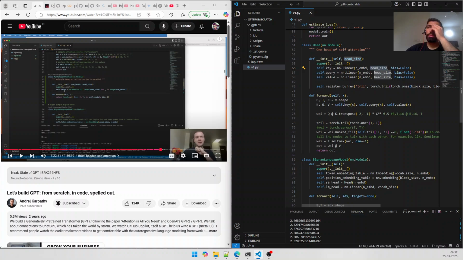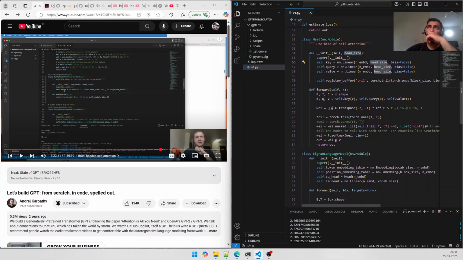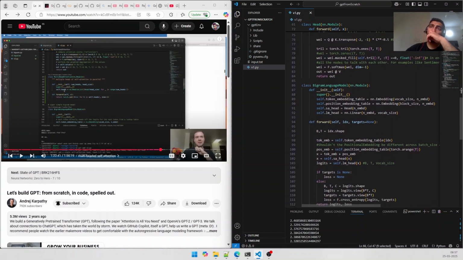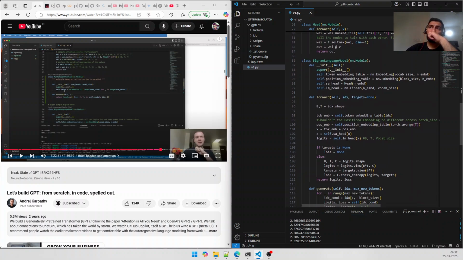We take the token embedding and the positional embedding as well, add them up, and that's where we first start with self-attention.